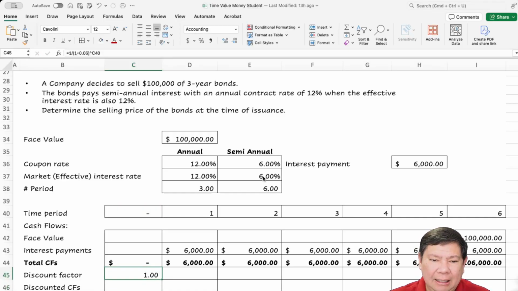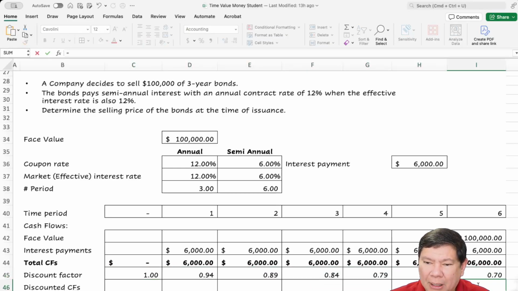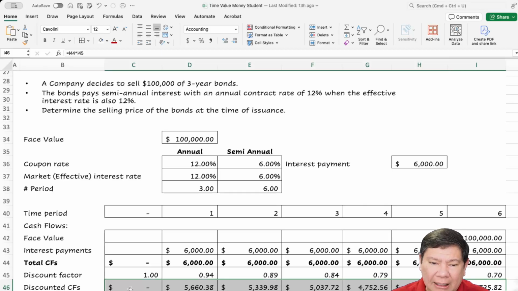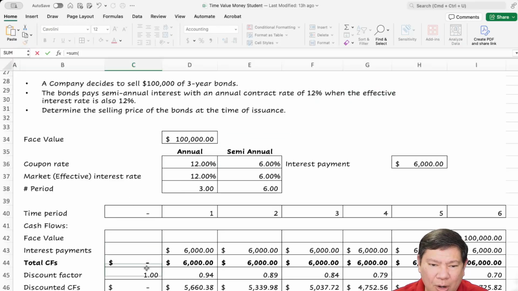Okay, so we can calculate the discounted cash flows. We just multiply the cash flows with the discount factor, and we calculate the price as the sum of all discounted cash flows.